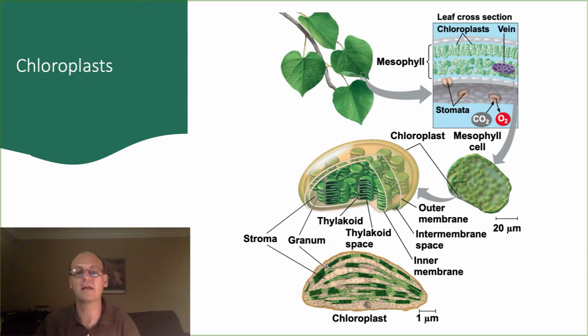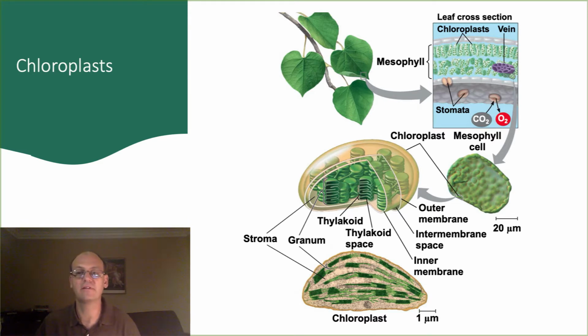Let's start by looking at how the morphology of plants enables photosynthesis to happen. In plants, photosynthesis happens in chloroplasts. Many different types of cells have chloroplasts and photosynthesize, but most photosynthesis happens in the mesophyll cells within the leaf.